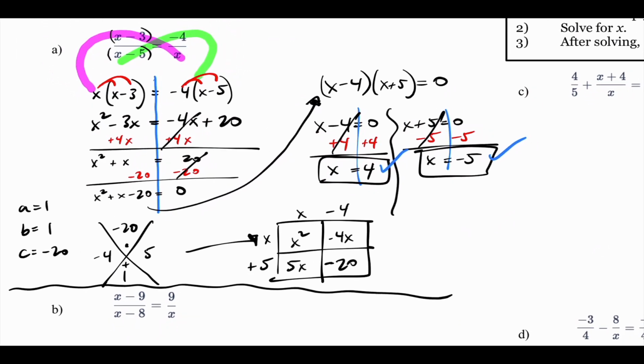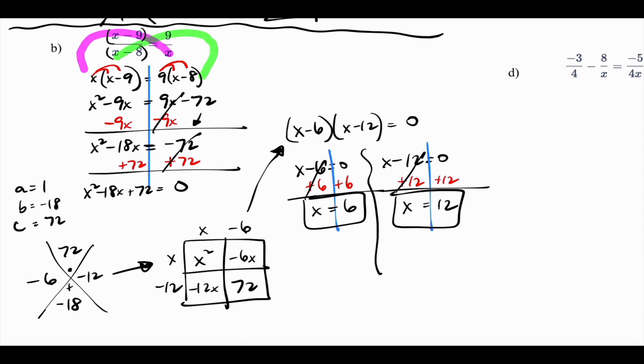All right. Okay, so we'll do letter B now. Do letter B, right below it. All right, so here's what I got. I got 6 and positive 12.